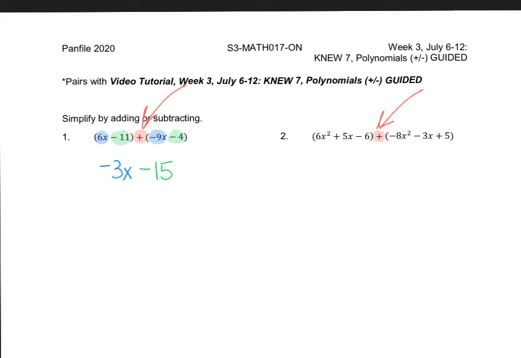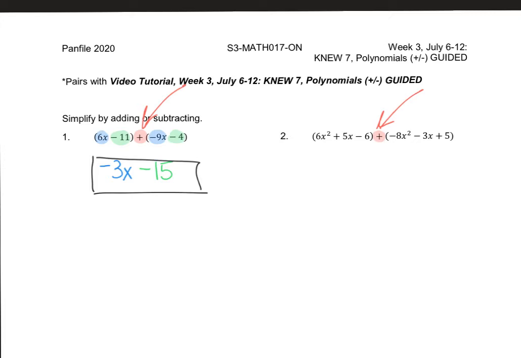I get negative 3x minus 15. Okay? And again, I have to keep apples with apples, oranges with oranges, meaning if it has an x, it only combines with other x's. If I have no x on it, then it combines only with other terms that have no x's on it.